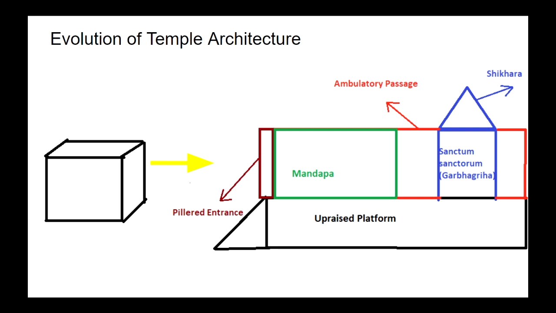So same as mobile evolution, temple evolved into different stages. The main components of the evolved temple are the pillared entrance, then upraised platform or jagati, mandapa, ambulatory passage, sanctum sanctorum or garbhagriha where the main deity is placed, and above the garbhagriha we find the shikhar.